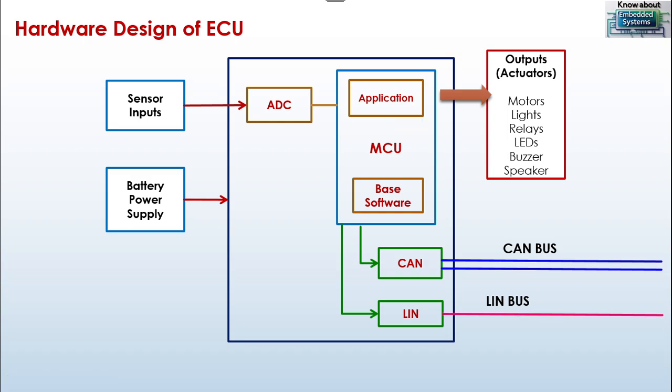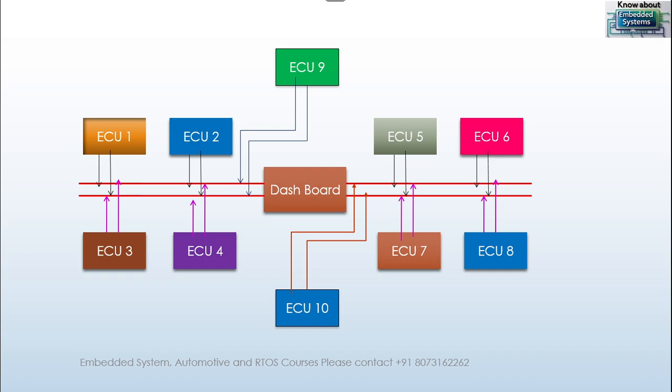Finally, I'm just going to show you how the ECUs look in the car. This is the simplified ECU mechanism in the vehicle. We'll have 10 plus ECUs, and these ECUs are going to connect to one communication channel called CAN.